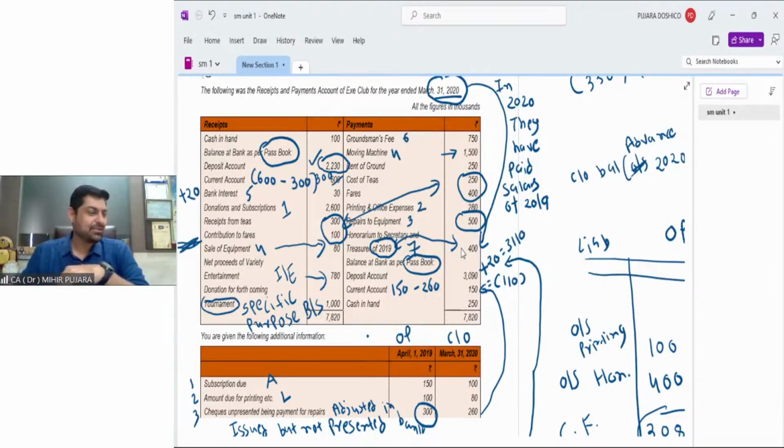And if you refer to our last session answer of opening balance sheet, we have taken 400 in last year's balance sheet as outstanding. You can refer to our last year balance sheet which we discussed in last session. Yes, guys.